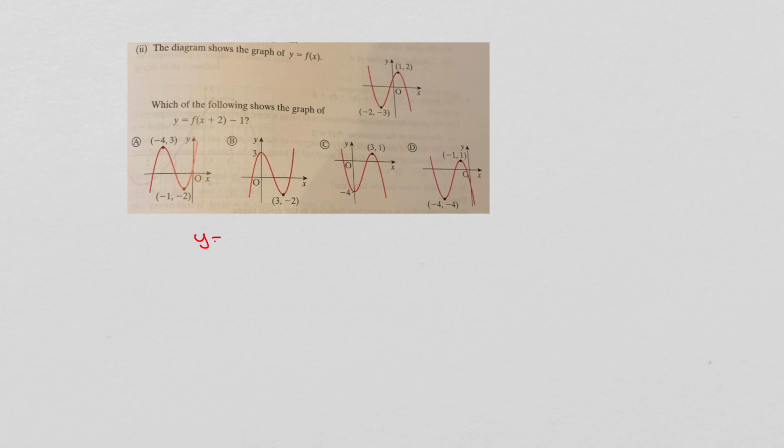So if I have y equals f of x plus 2 minus 1, that means there are two changes, so two transformations. The first one is that if I have f of x plus 2, that means the graph is going to have shifted 2 units to the left.